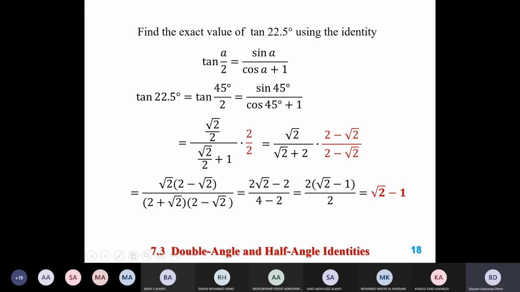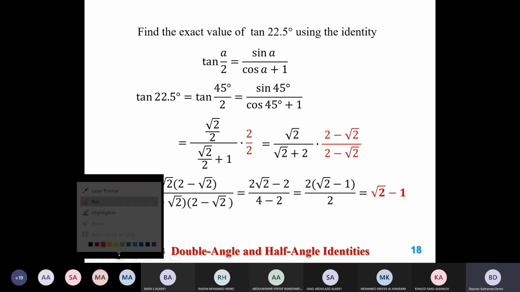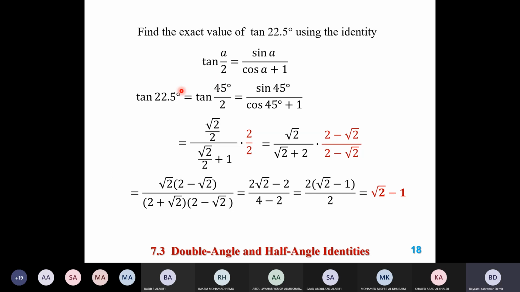Next is the calculation of tangent half angle. We have tangent of 22.5 degrees. That means it is tangent of 45 over 2, half of the 45. Now I remember this formula. You can just remember the other one if you like: sine 45 divided by cosine 45 plus 1, Shabab.